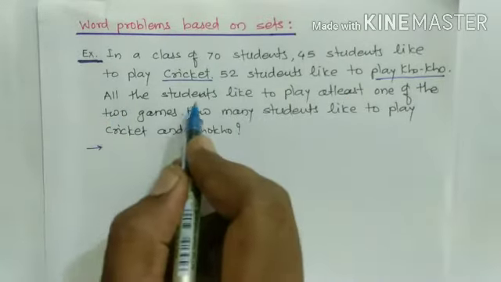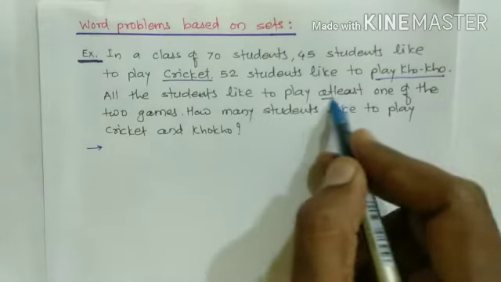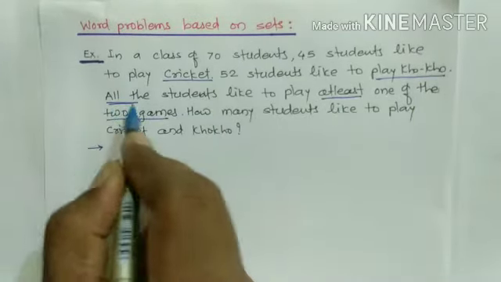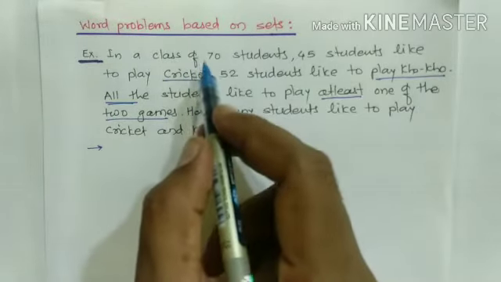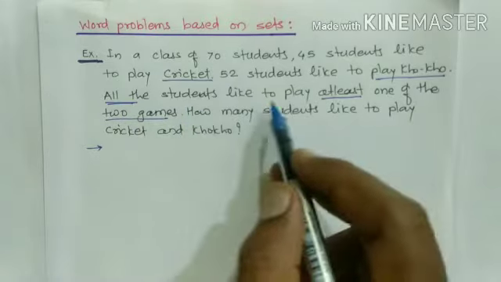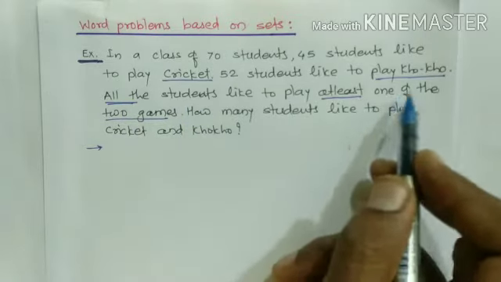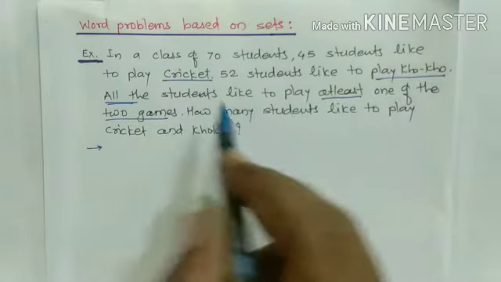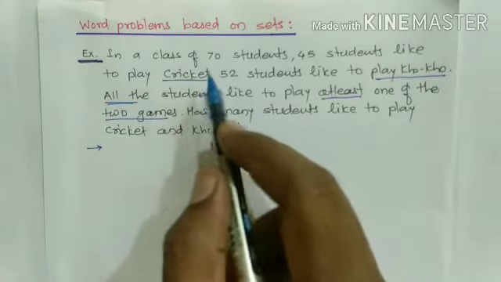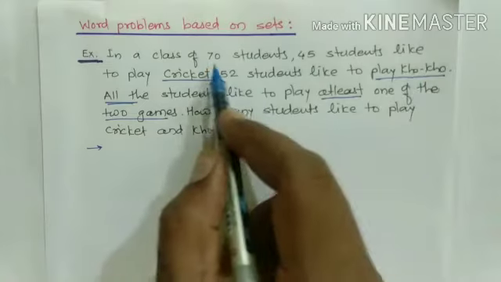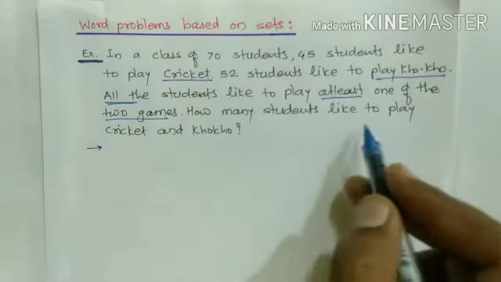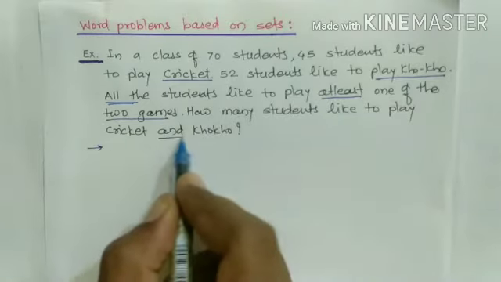Then all the students like to play at least one of the two games. It means that the total number of students is 70, and it is given that all the students like to play at least one of the two games. It means that the number of students who like cricket or Kho-Kho is 70, and we have to find how many students like to play cricket and Kho-Kho.